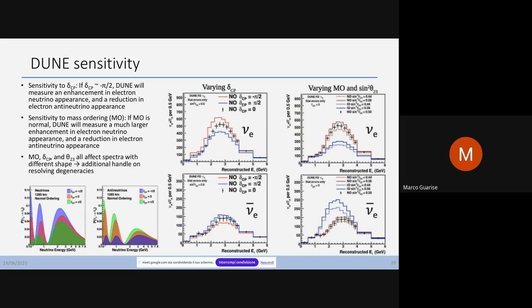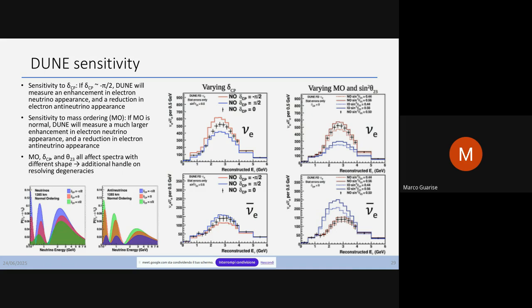As you can see from this plot, the one on the top is for the neutrino mode, and the bottom for the anti-neutrino mode. So you can see that an increase of electron neutrinos with respect to electron anti-neutrinos, or a reduction, is a measure of these parameters.